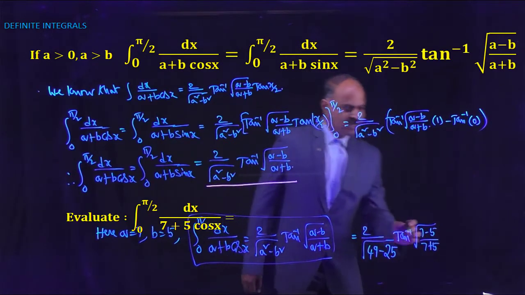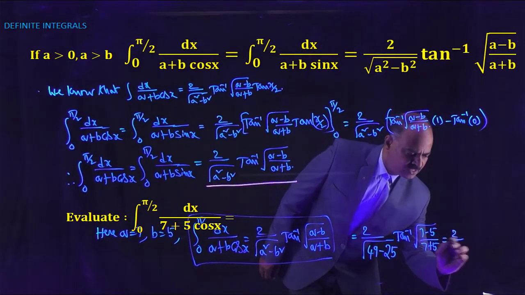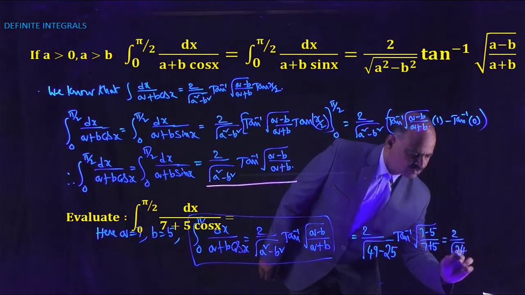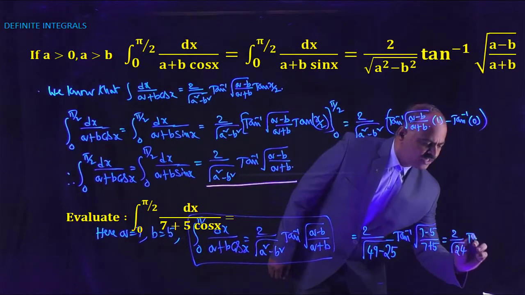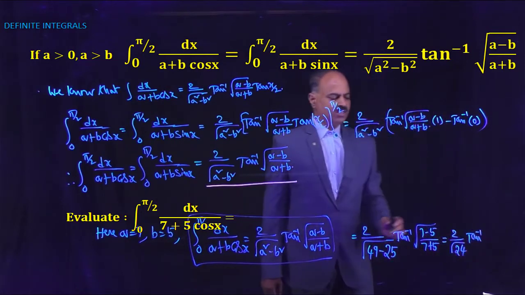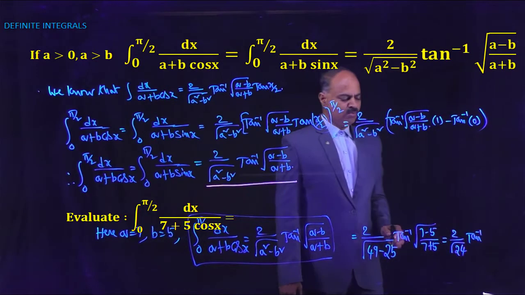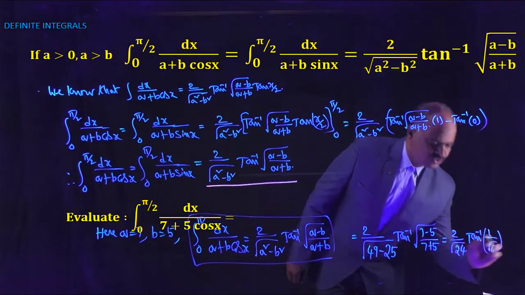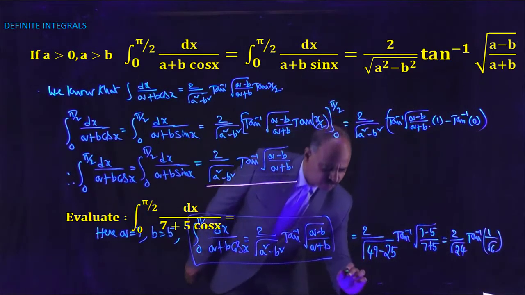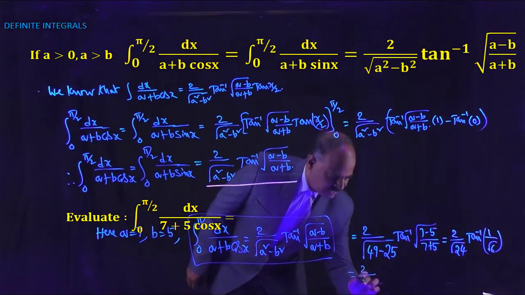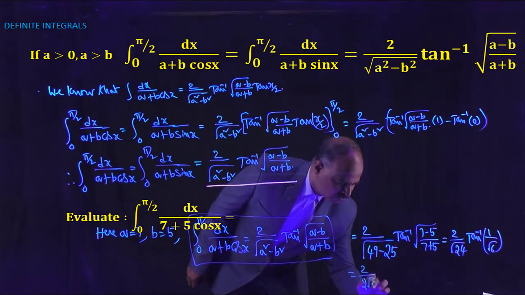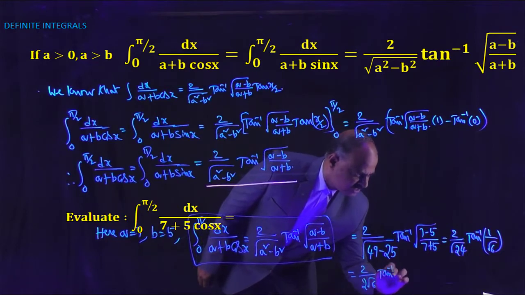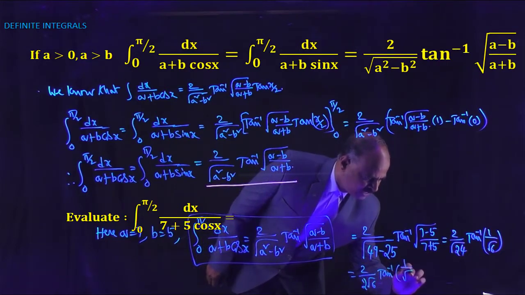Now this is equal to 2 by square root of 24 into tan inverse square root of 2 by 12, that is tan inverse 1 by root 6. Now this is equal to 2 by 2 root 6 into tan inverse 1 by root 6.